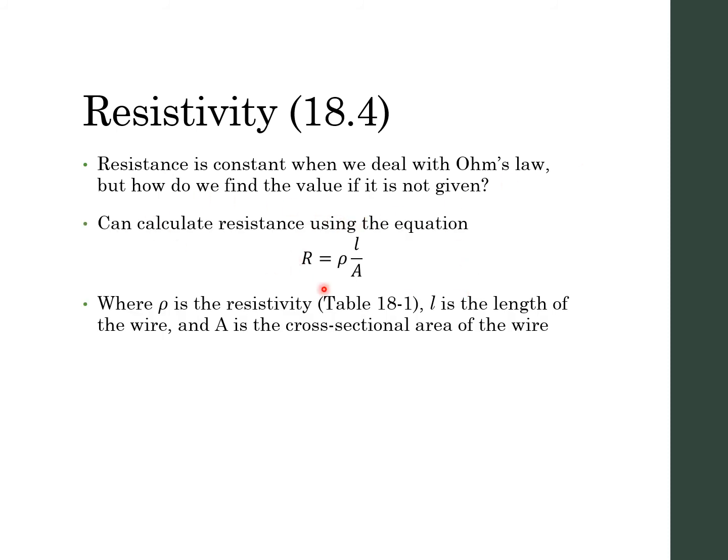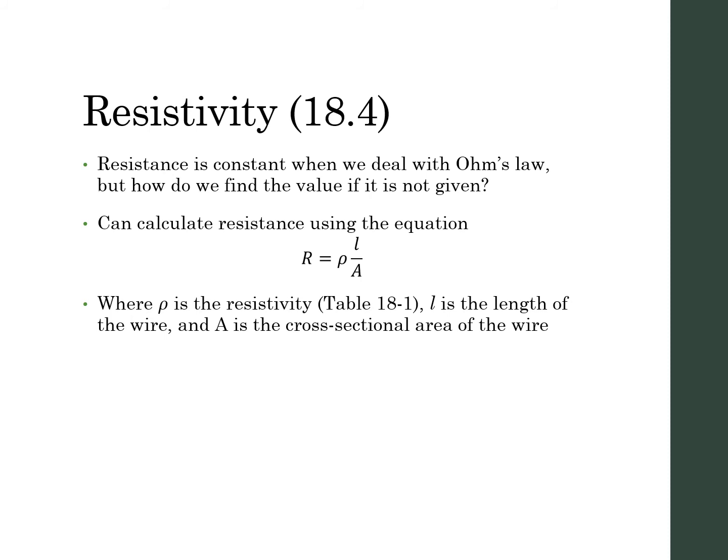So this equation here is going to allow us to calculate the resistance. It's equal to rho, which is our resistivity, which is in table 18.1, which we'll look at, times the length of the wire divided by the cross-sectional area of our wire. So if you think about most of the wires you've seen in your life, they're probably circular in shape.